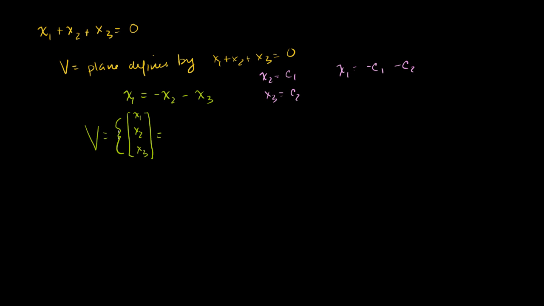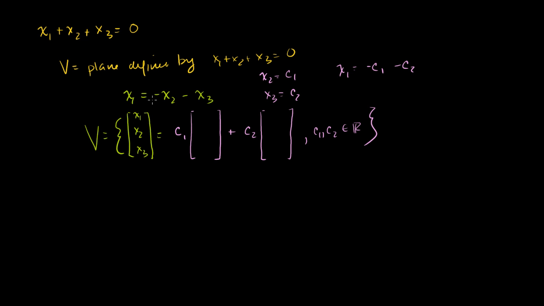So if we write it that way, then the subspace V is the set of all of the vectors in R3 such that c1 times some vector plus c2 times some other vector, where c1 and c2 are any real numbers. So c1 and c2 are a member of the reals.